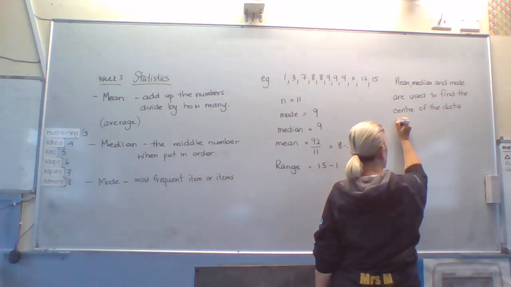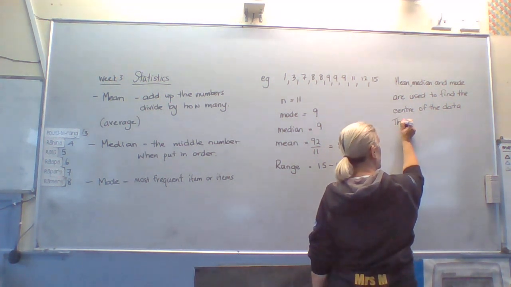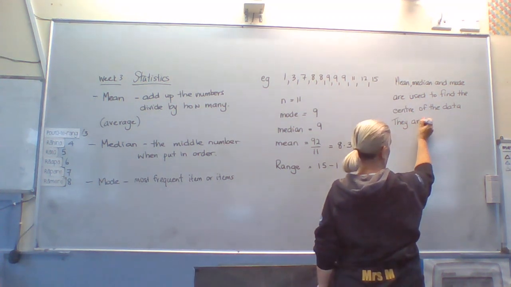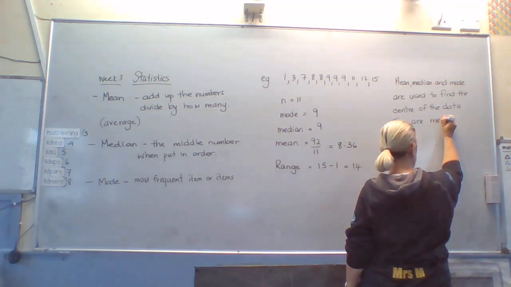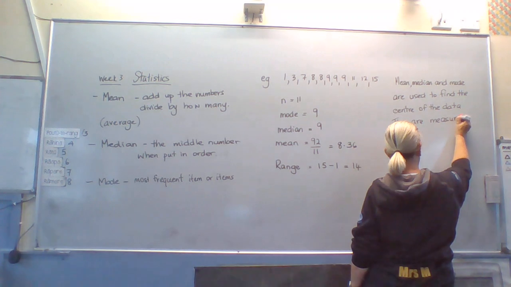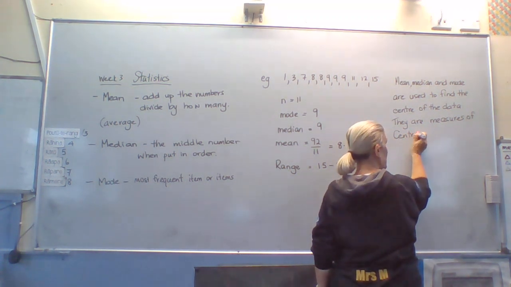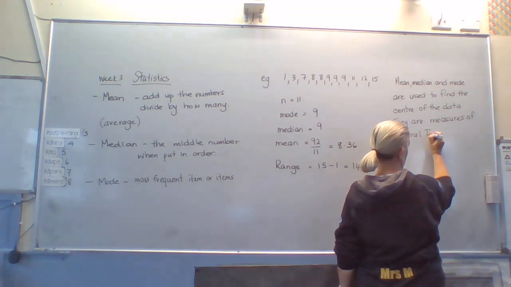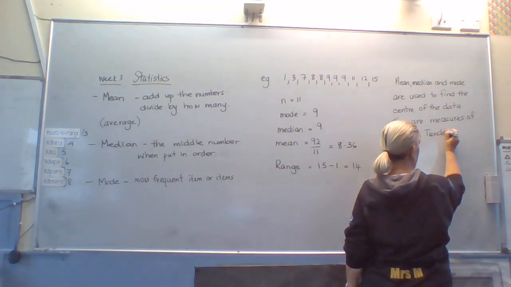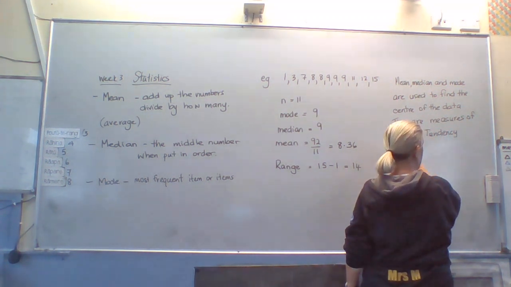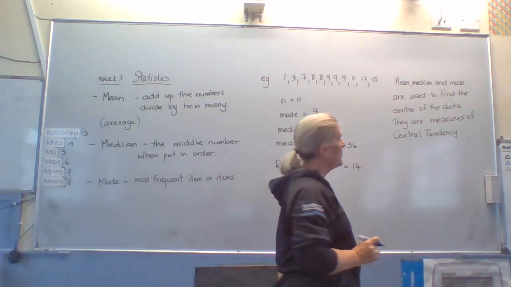They're called measures of central tendency. Where does the centre tend to be?